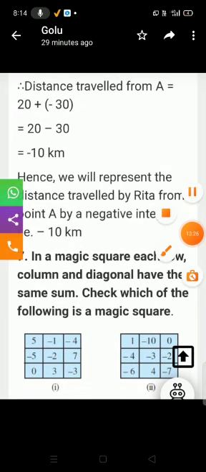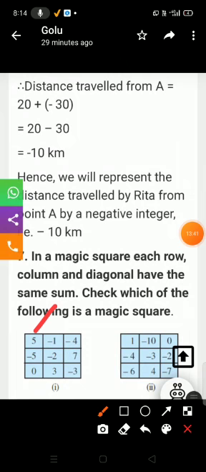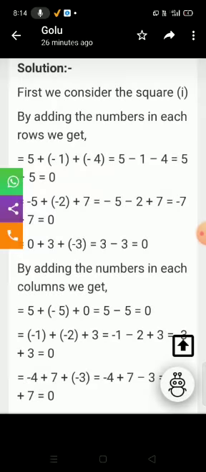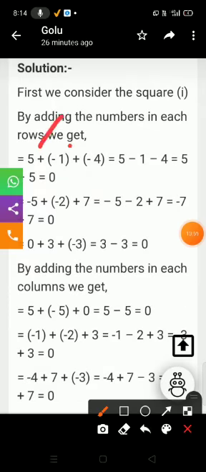I am doing only one, and you have to solve all rows, columns and diagonals also. So 5, minus 1, minus 4, and since we are adding, we have to put the plus sign: 5 plus minus 1 plus minus 4.